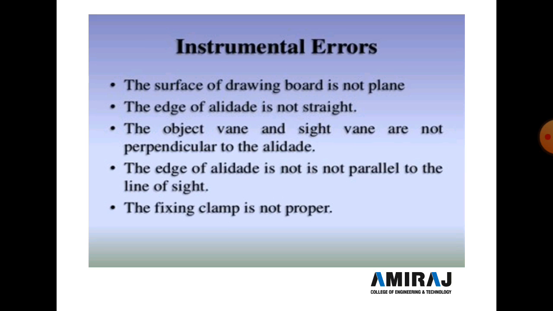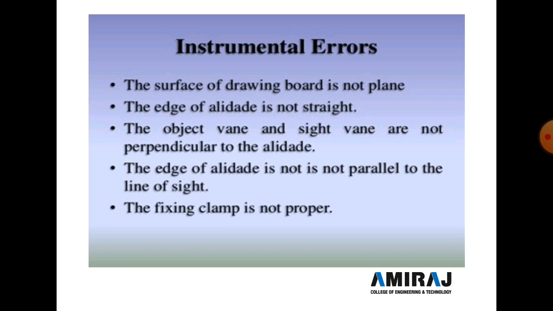So when we take a reading, some error is drawn on the paper. These are the instrumental errors. What is an instrumental error? When error is generated by using the instrument, it is called an instrumental error.